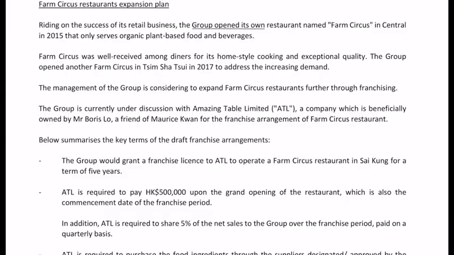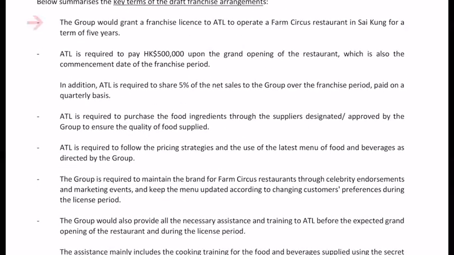The group opened its own restaurant named Farm Circle in the Central in 2015. The group is currently in discussion with ATL for a franchise arrangement of the restaurant under the brand name. The key terms of the arrangement are as follows. The group will grant a franchise license to ATL to operate the restaurant under the brand name for a term of 5 years.